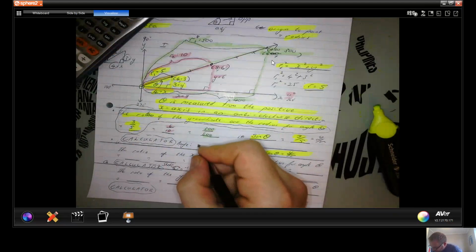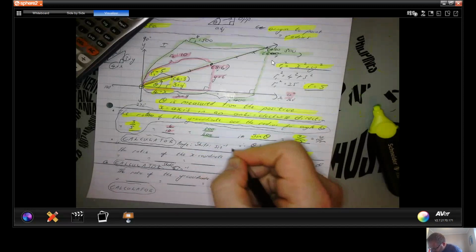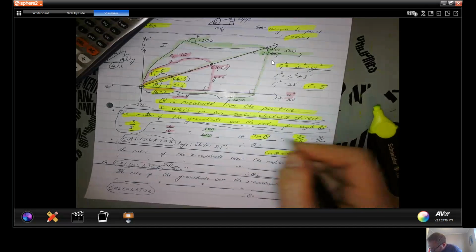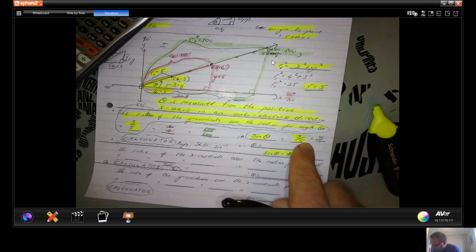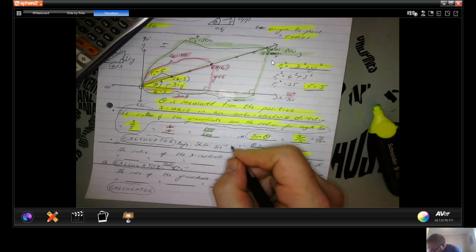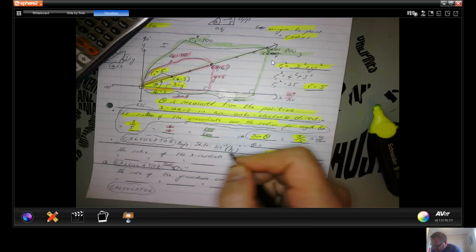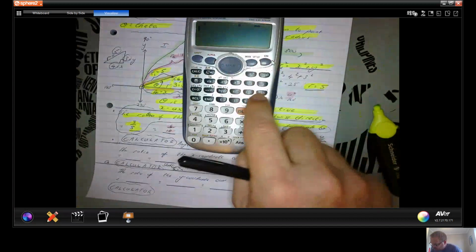My calculator lets me do that. If I go shift sine to the -1 of what's that? Sine theta. So I'm trying to solve this on my calculator. What angle will give me a ratio of the y-coordinate of 3 over 5? So I go shift sine to the -1 of 3 over 5. Let me do that again.